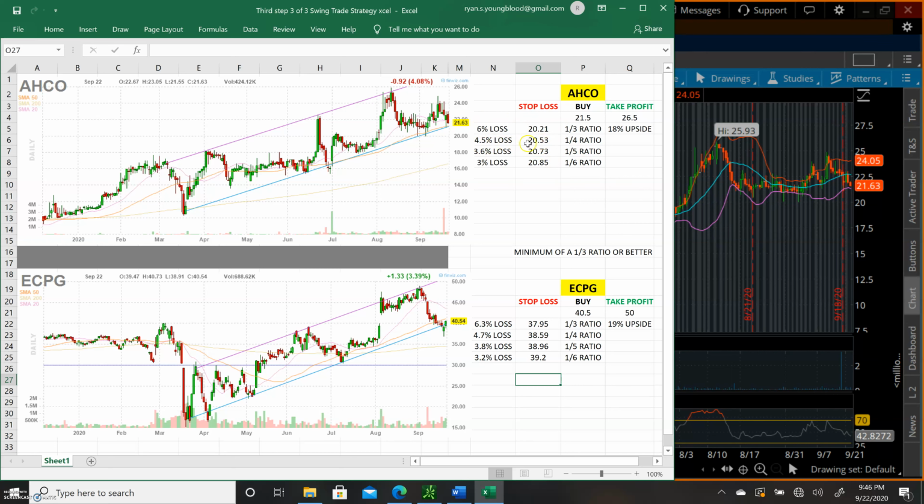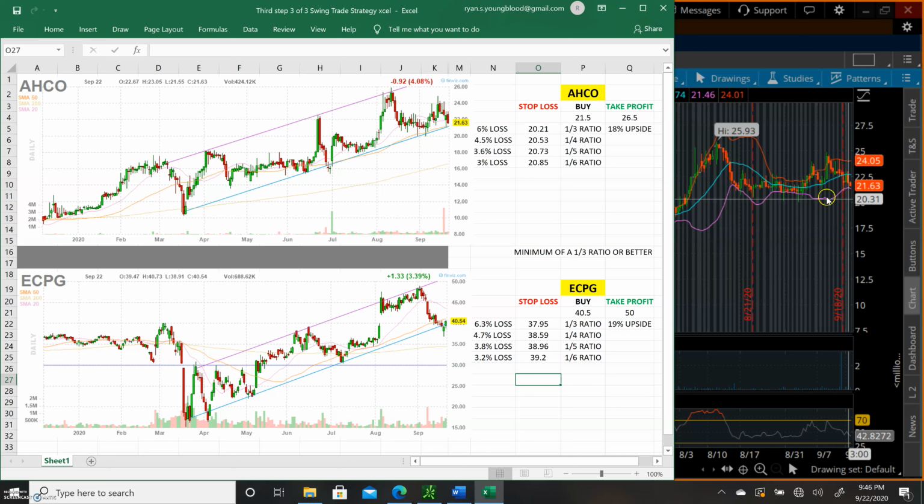If you do 4.5% stop loss at $20.53 for a 1-to-4 ratio, we're at, boom, $20.53. It's a bit below the Bollinger Band, but I'm going to say, since this Bollinger Band has been moving a bit in the last couple weeks, I'm going to try and stay on the safer end.